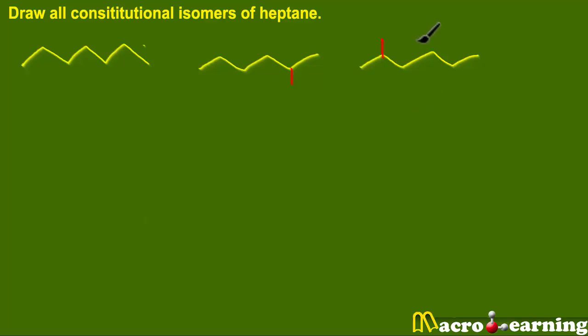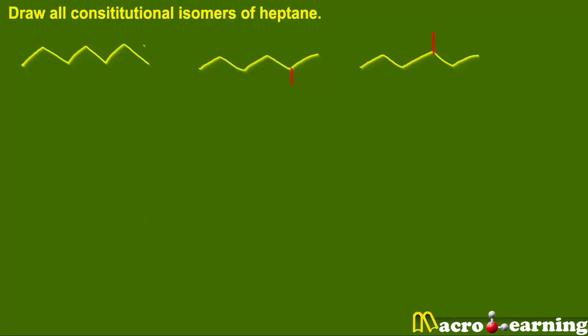Because of the symmetrical structure of the chain, there are only 2 possibilities to put a methyl group onto a 6-carbon main chain. So that's pretty much it for removing 1 methyl to be used as a substituent onto the remaining main chain. And next step, remember, 1 carbon down at a time.